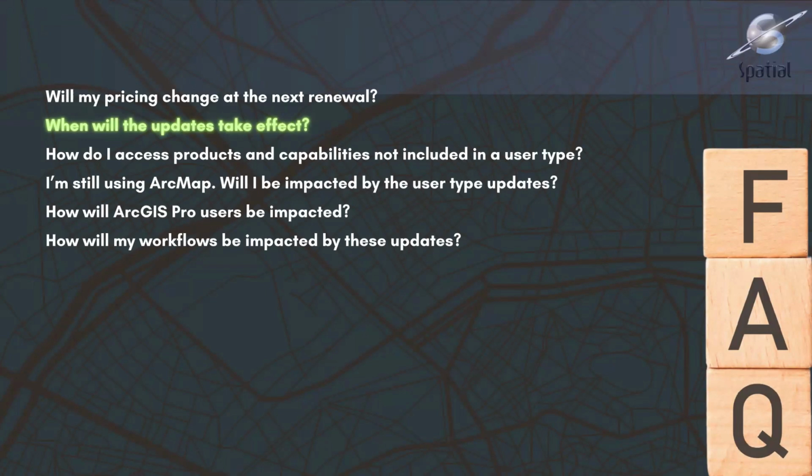The enterprise users will see the updated user types when they update to ArcGIS Enterprise 11.4, and that should happen around November of 2024. Because ArcGIS Pro is administered through Enterprise or Online, depending on the user, those users will see the changes as part of their respective releases.